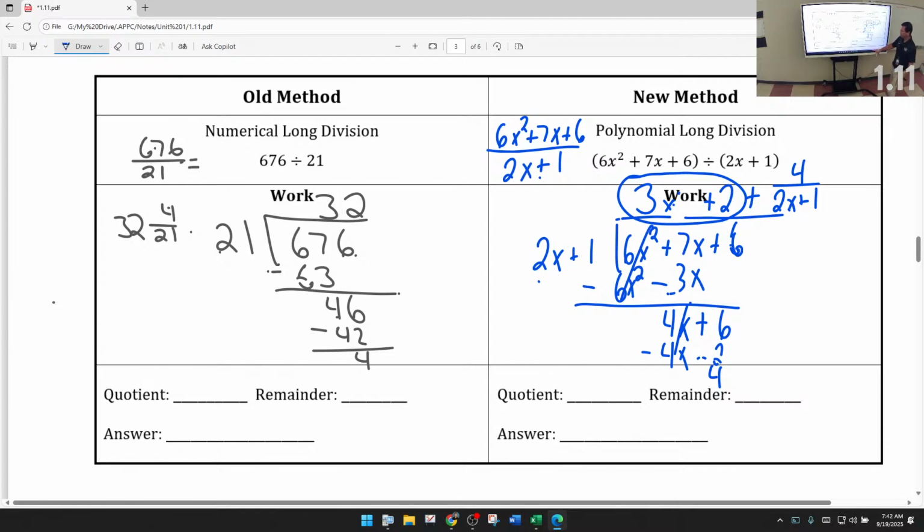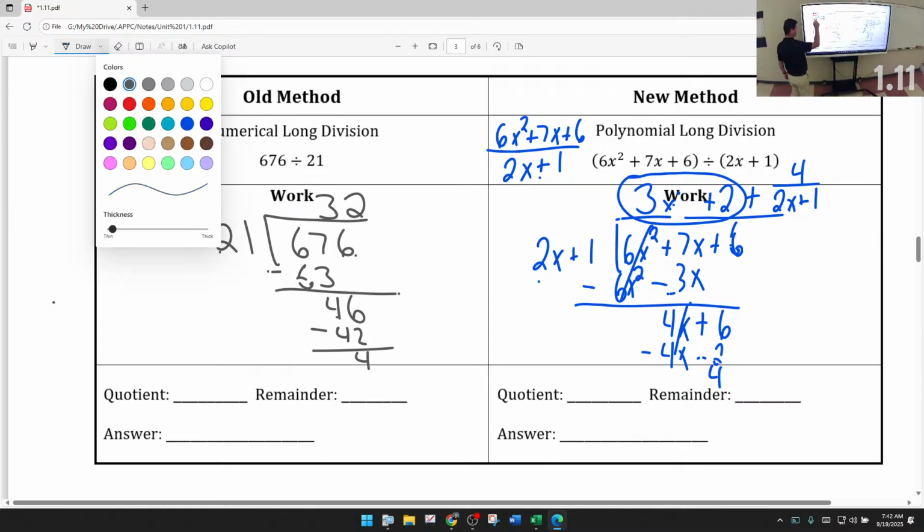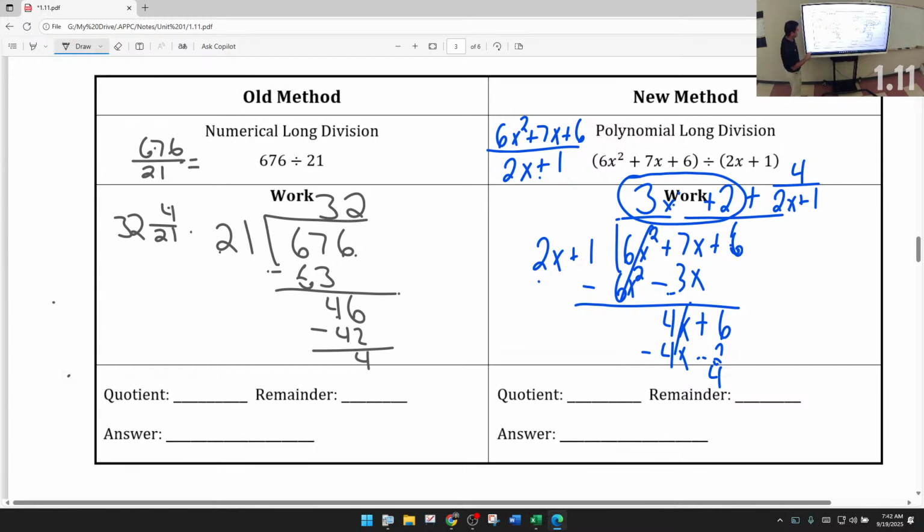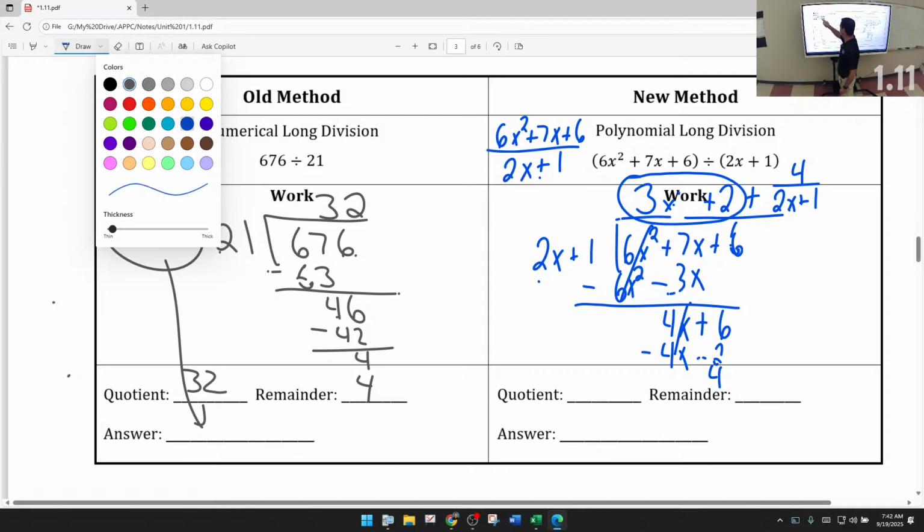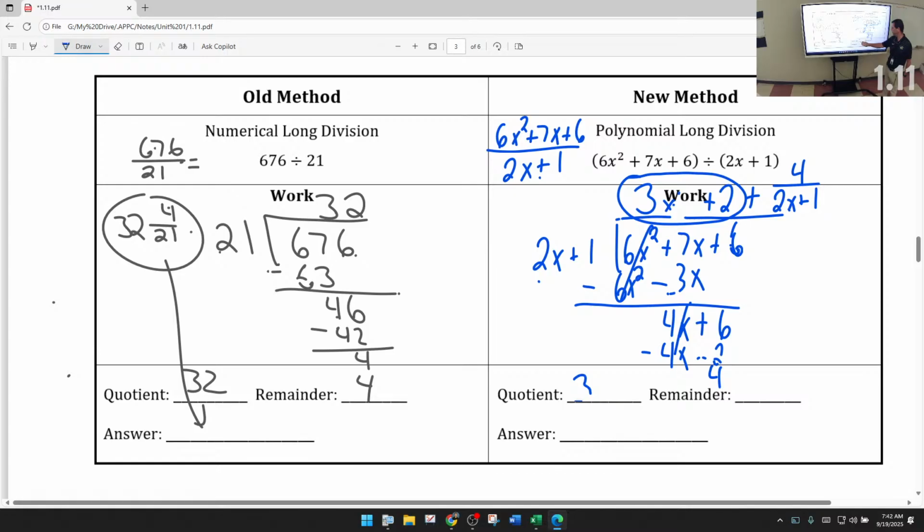Okay, so over here, I didn't answer these questions. I messed up on that. The quotient is 3x plus 2, with the remainder 4. The quotient, your slant asymptote, is 3x plus 2.